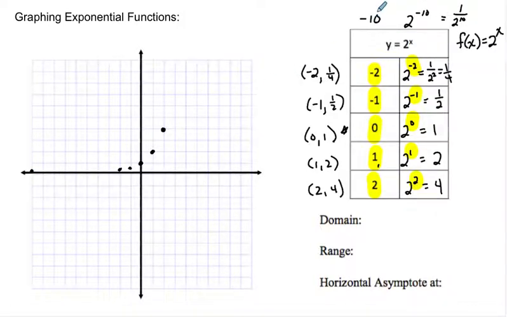Is there a negative x value that I could put in, like, I don't know, negative 2 million, that would make my y value become a negative output? Pause and think about that for a moment, maybe.